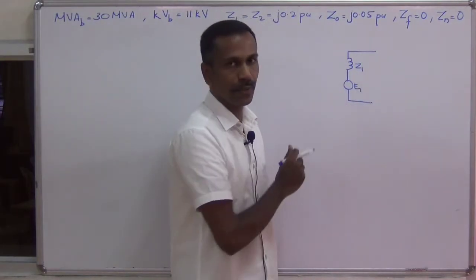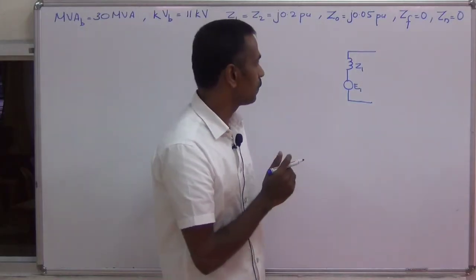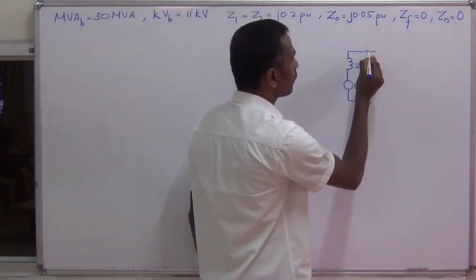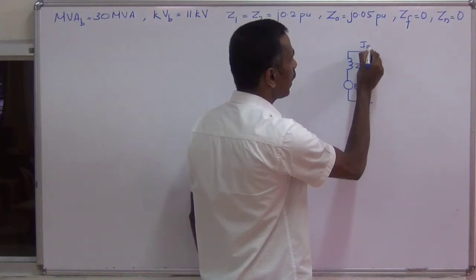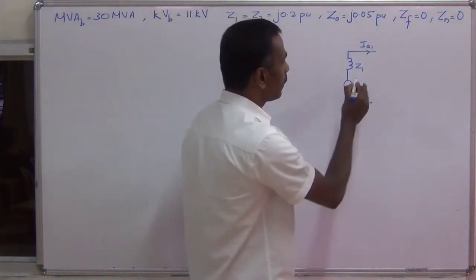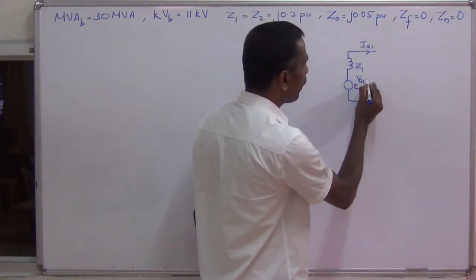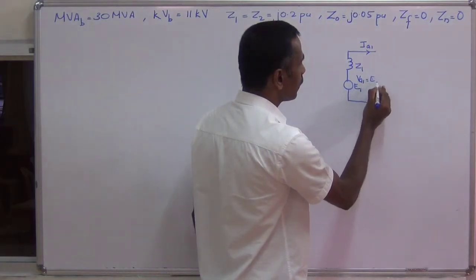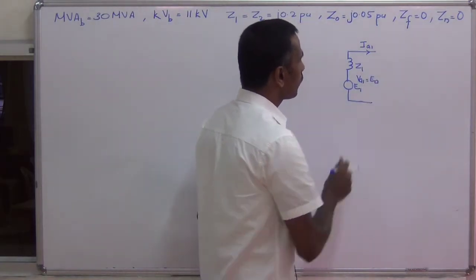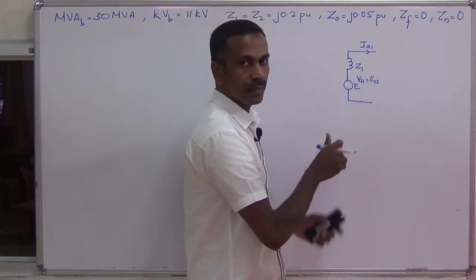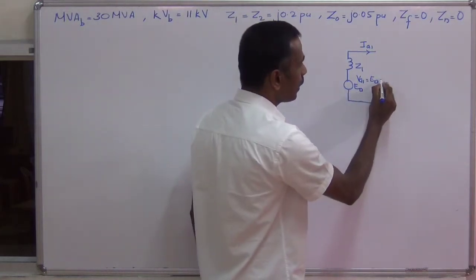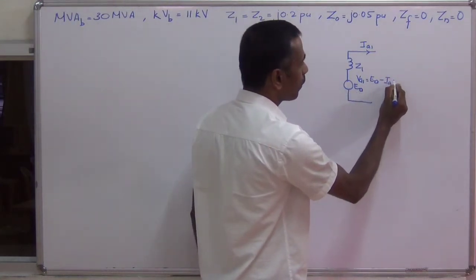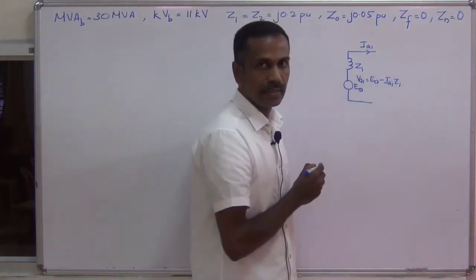This is the positive sequence network of an alternator. The current is IA1. The positive sequence voltage VA1 equals EA minus the drop IA1 Z1.